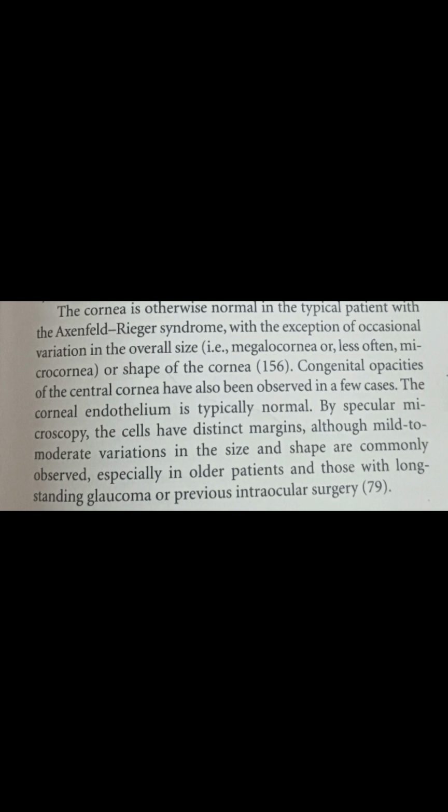The corneal endothelium is typically normal. By specular microscopy, the cells have distinct margins, although mild to moderate variations in size and shape are commonly observed, especially in older patients and those with long standing glaucoma or previous intraocular surgery.